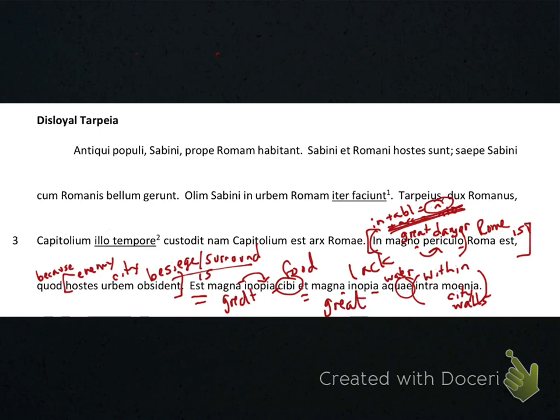So there's a great lack of food and a great lack of water. And if you're wondering where the of comes from, just recall that when we say there's a lack or a scarcity, we want to know of what. So we use that word of to express inopia, which means a great lack of food. And then there's also a great lack of water.